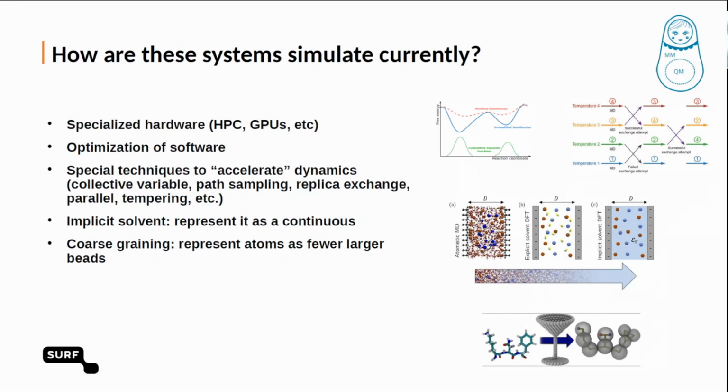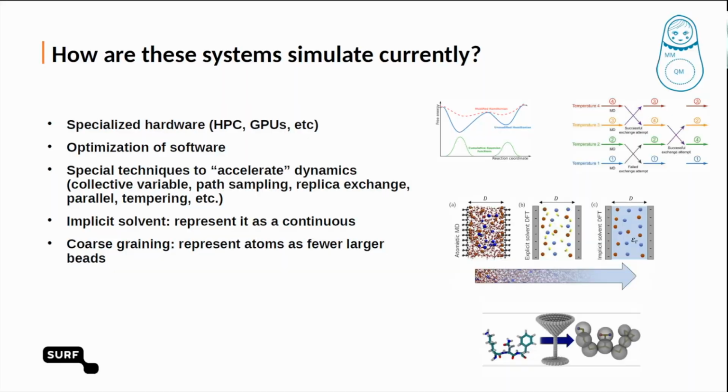Now, how do we simulate these systems currently? There are different things. Obviously, specialized hardware is a big thing. Software has been optimized more and more, with usage of GPUs and really parallel programming, OpenMP, MPI, everything. We have a myriad of special techniques to accelerate the dynamics. This is actually a super interesting field.